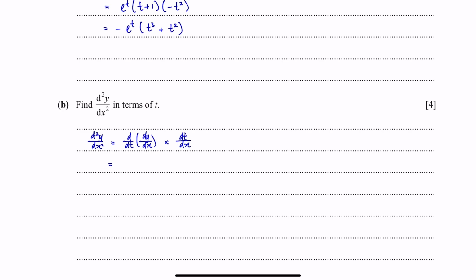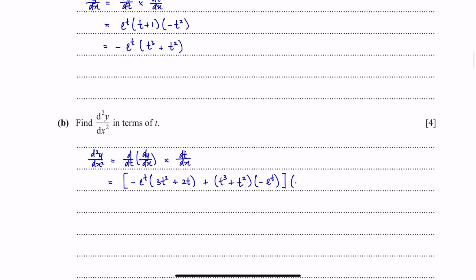So this would be negative e to the t times (3t squared plus 2t) plus (t cubed plus t squared) times negative e to the t. And dt over dx is negative t squared.